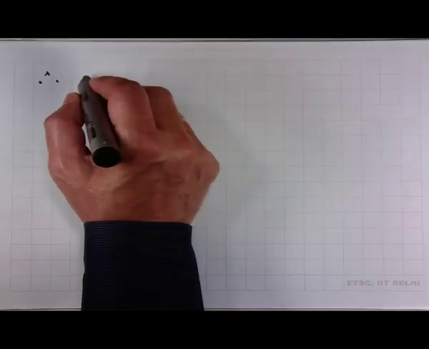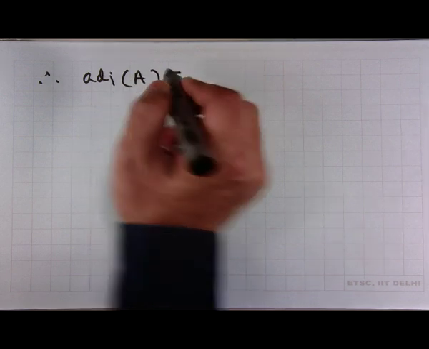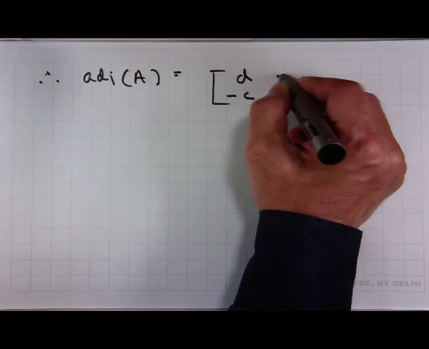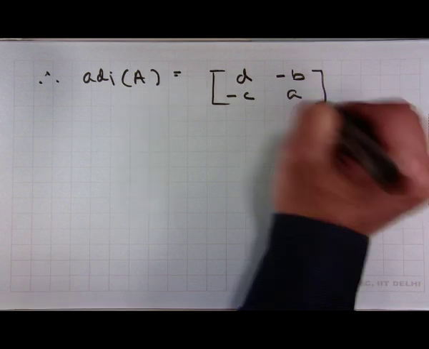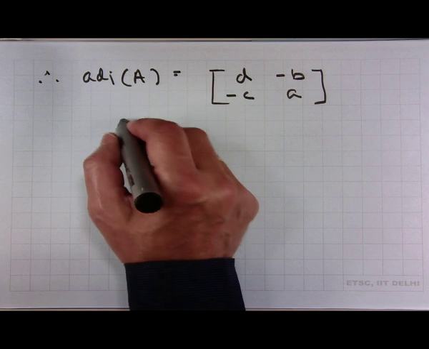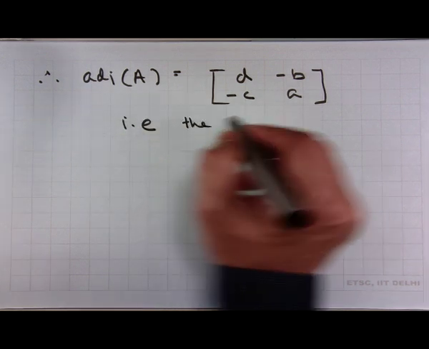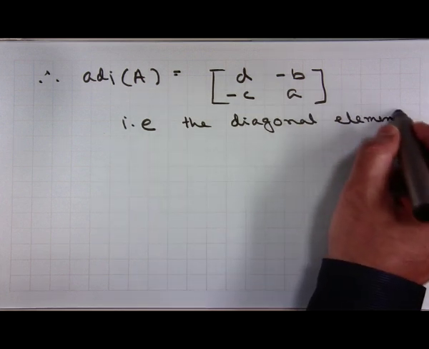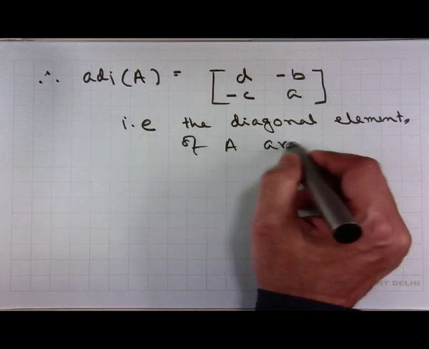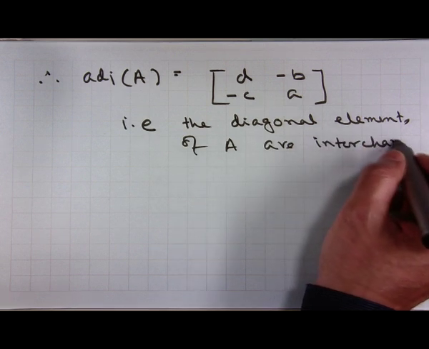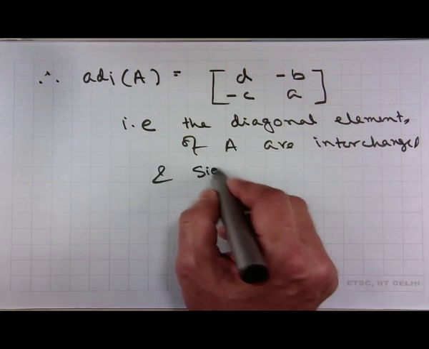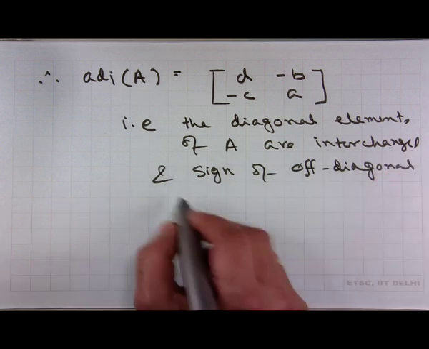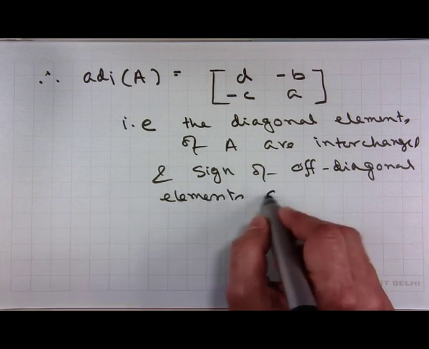Therefore, adjoint of A is the matrix d, minus b, minus c, a, that is, the diagonal elements are interchanged and sign of off-diagonal elements are changed.